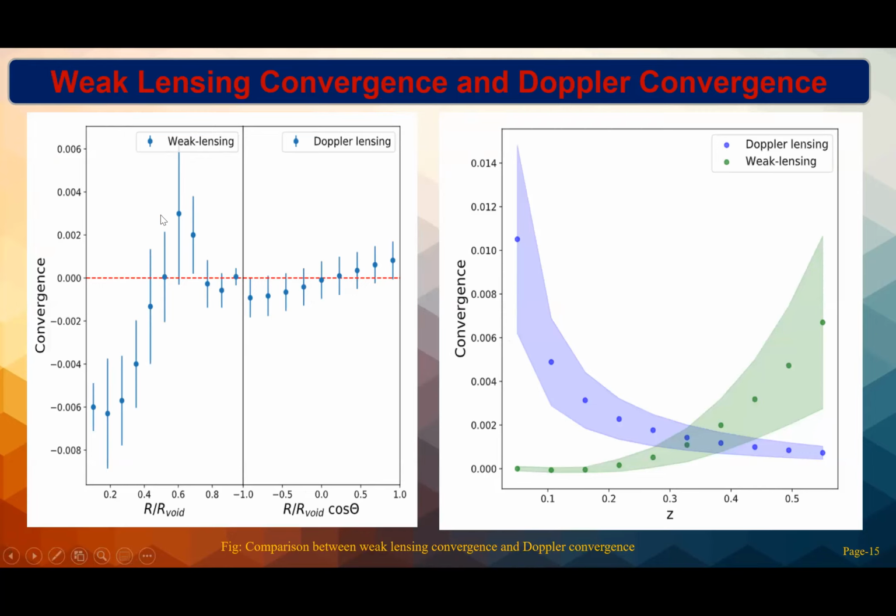In that case, we have considered the same number of realizations and projected bundles in the directions of cosmic voids having the same radius, and then computed the weak lensing convergence by using our ray tracing algorithm, and Doppler lensing by using the formula that we have discussed to compute Doppler convergence.